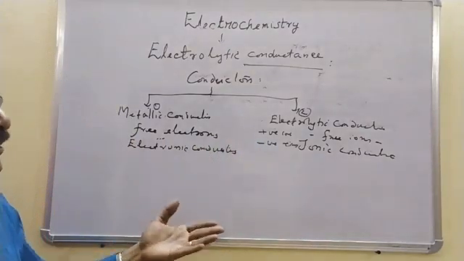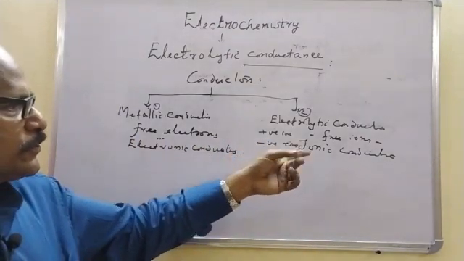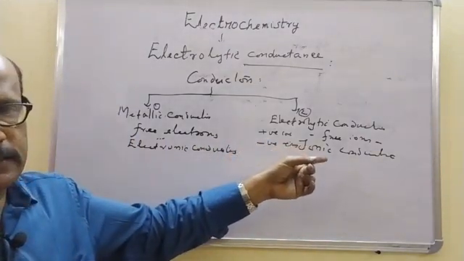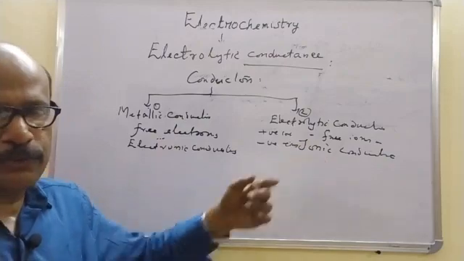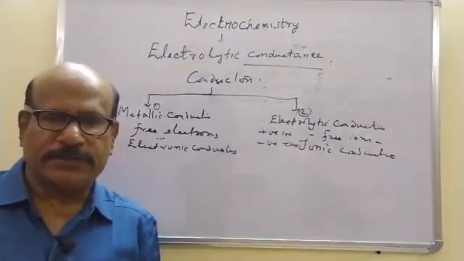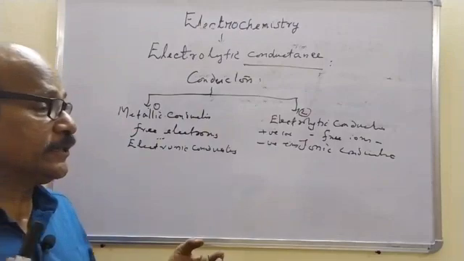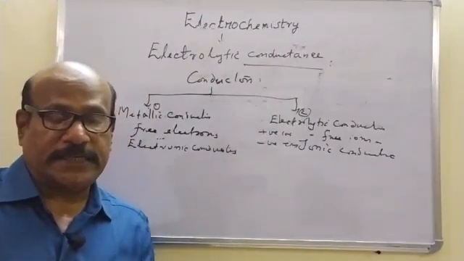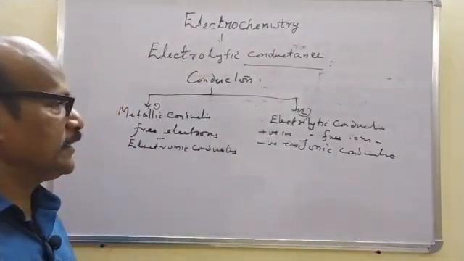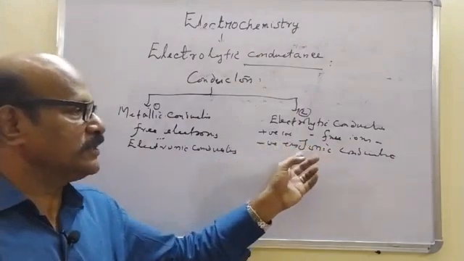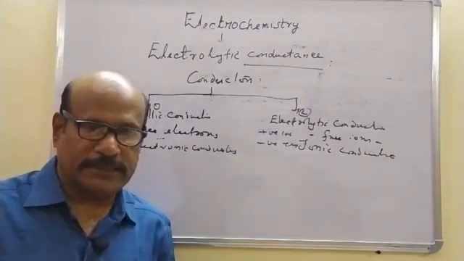Actually, chemical change occurs. So here the carriers are both the free positive and negative ions present in their aqueous system. All the ionic compounds in the aqueous state or the molten state act as electrolytic conductors. So here the carriers are free ions, and hence they are called ionic conductors.